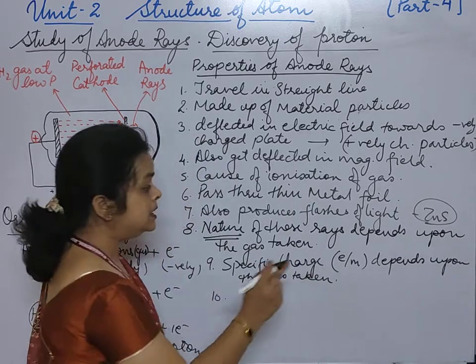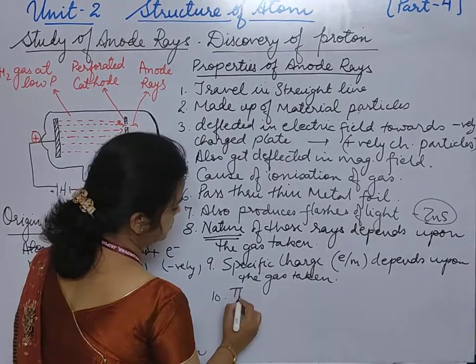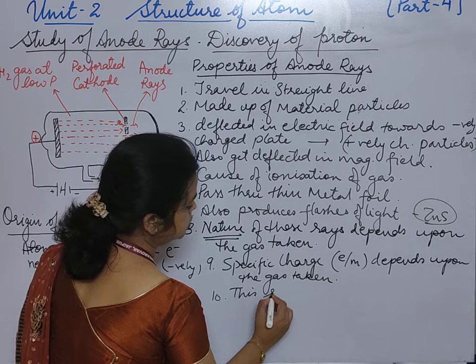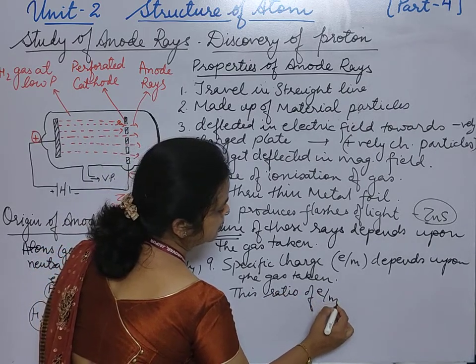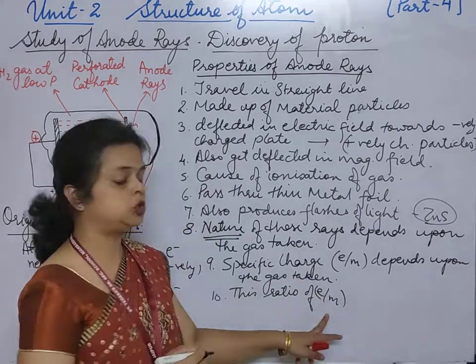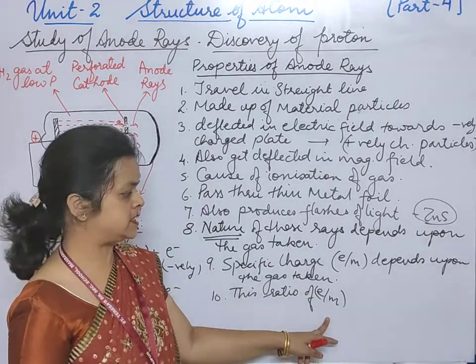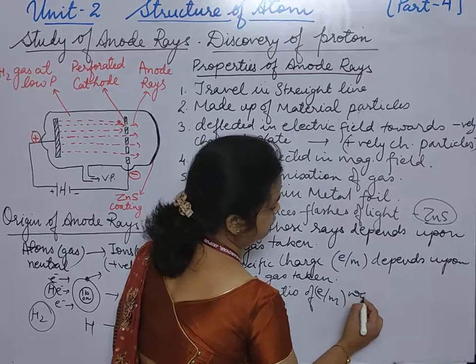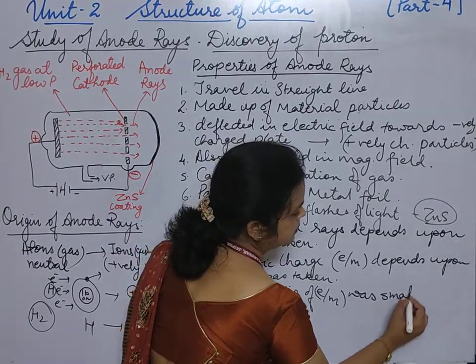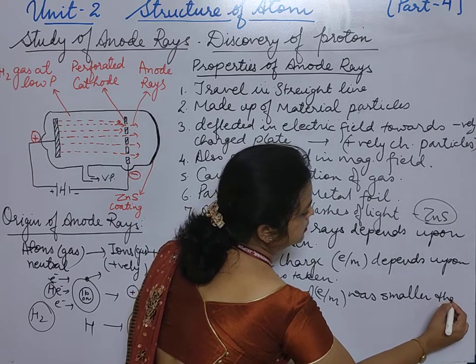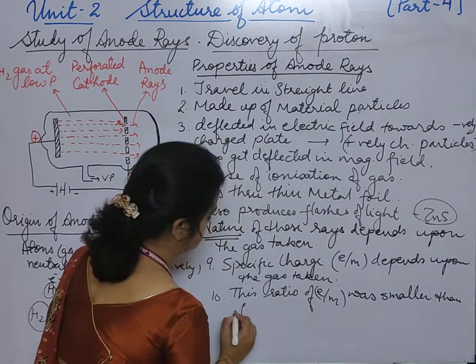And last point, this ratio of E by M was comparatively smaller than for electrons.